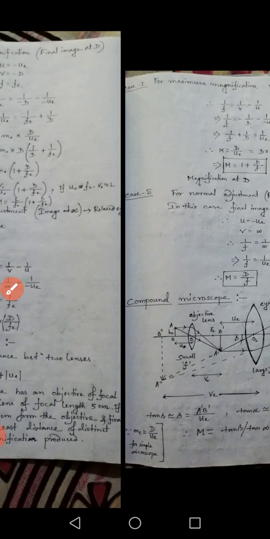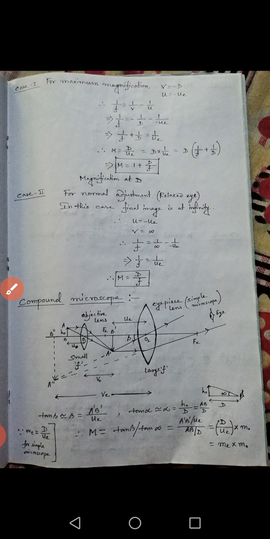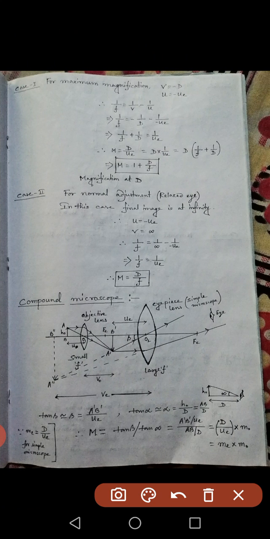Another condition is applied here. V naught is nearly L, U naught is F naught. U naught means this is the object, naught means objective lens, so this much is U naught, and it is also very nearly equal to the focal length of this lens, because the focus of this lens will be somewhere here. So this much is the focal length.